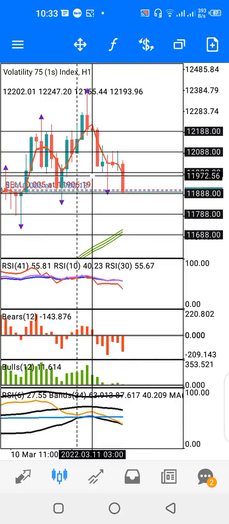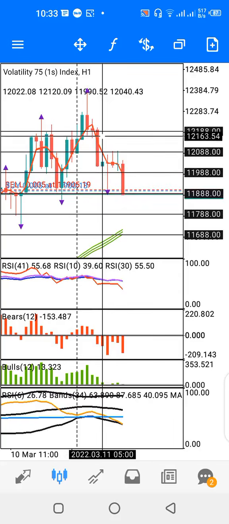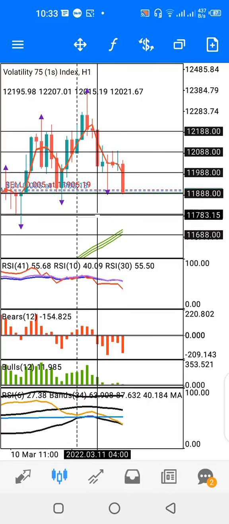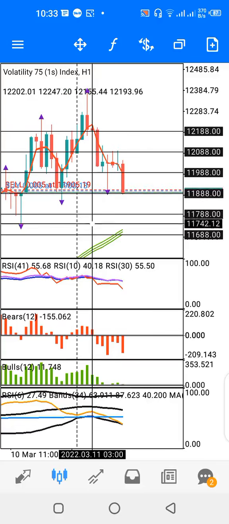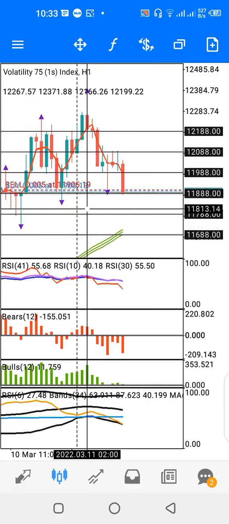If I'm going to set pending orders, I could set buy stop at 11988 or 12088 or 12188 or 12288, or I could set sell stop at 11788, 11688, 11588, but it should be at the 88 mark.